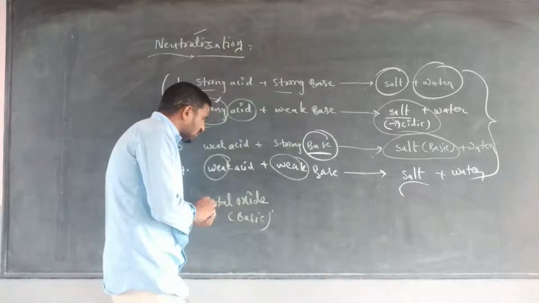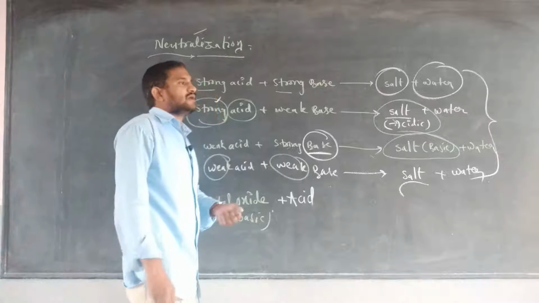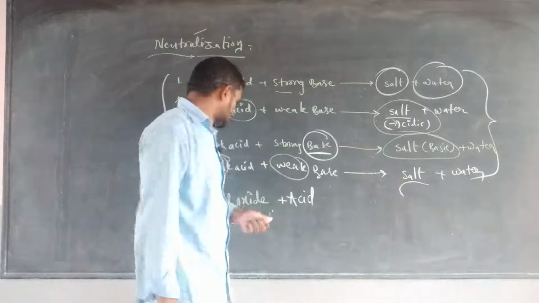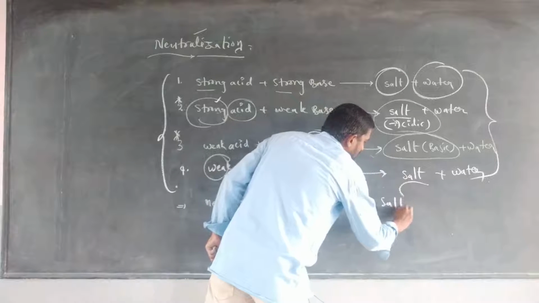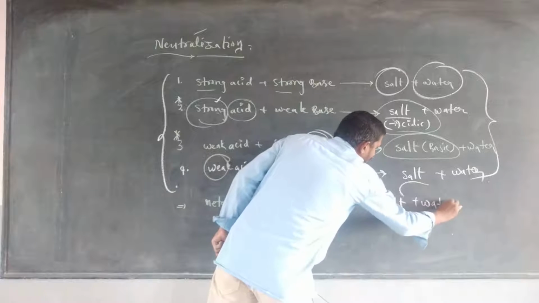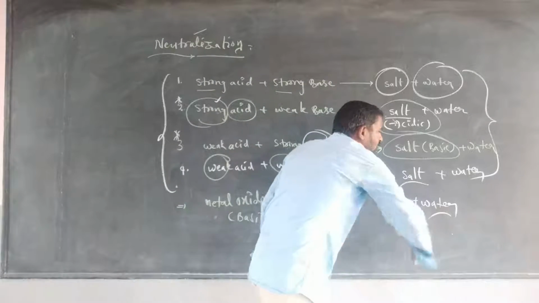See, these metal oxides react with acids. Here the metal oxide and acid both react, forming salt plus water. That means the products are salt and water.